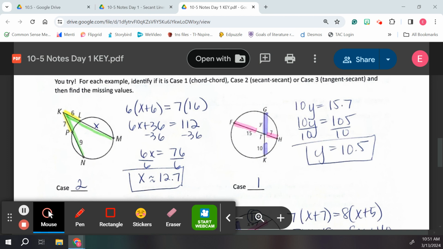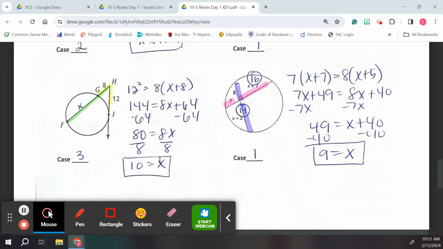Anybody still looking at these? Any questions? Okay, here's the next two.